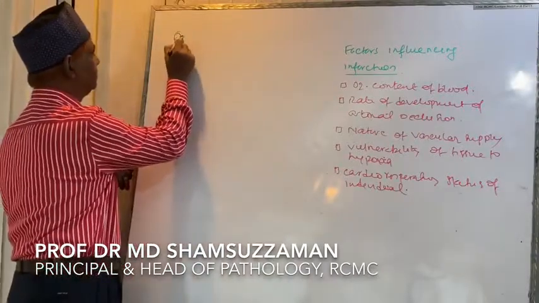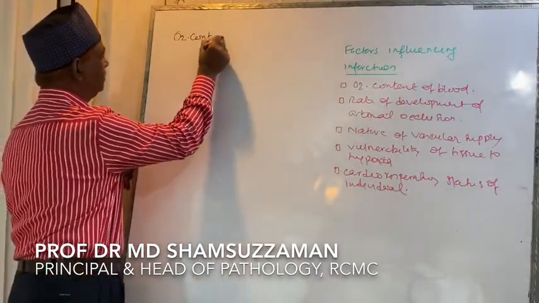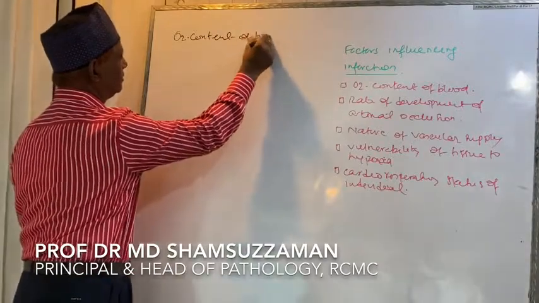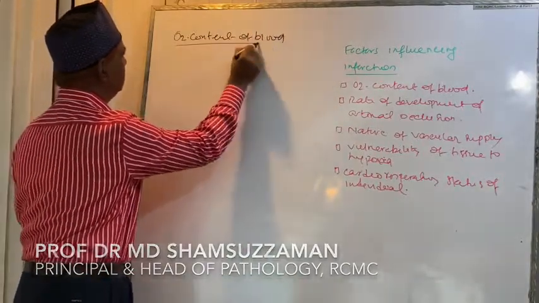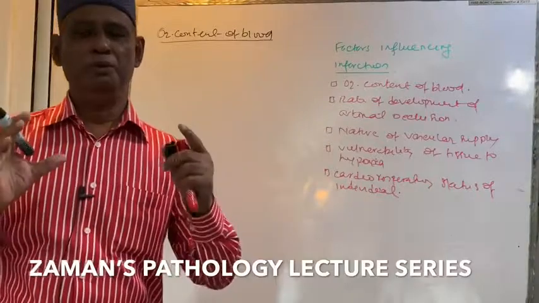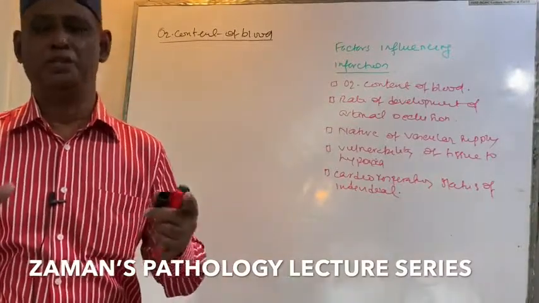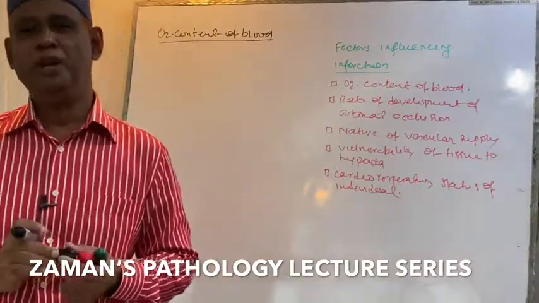So, the factors are oxygen content of blood, rate of development of arterial occlusion, nature of vascular supply, vulnerability of tissue to hypoxia, and the last one is cardiorespiratory status of individual.